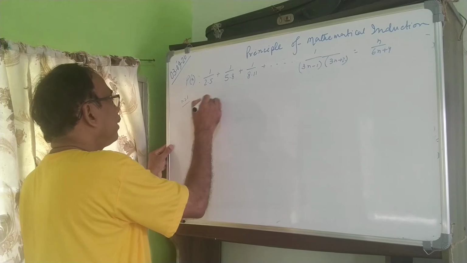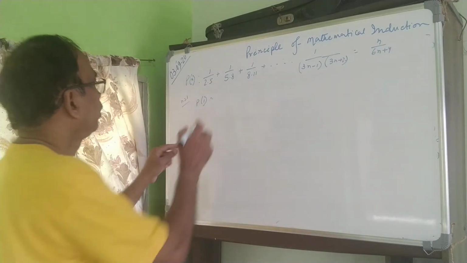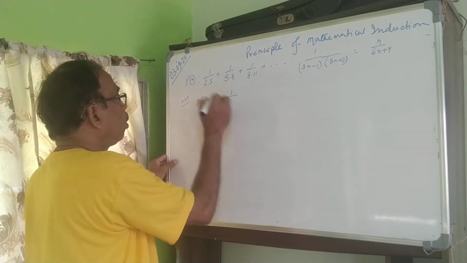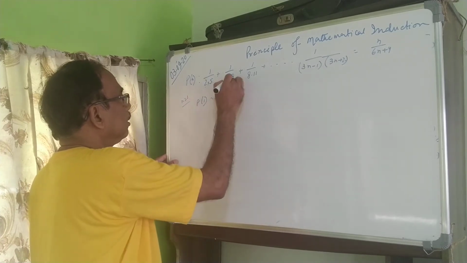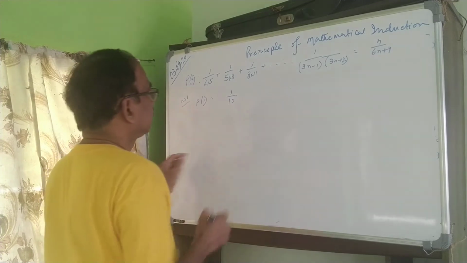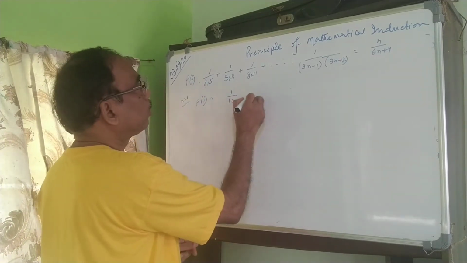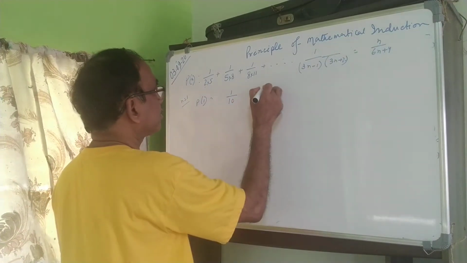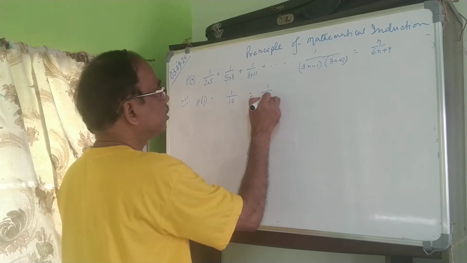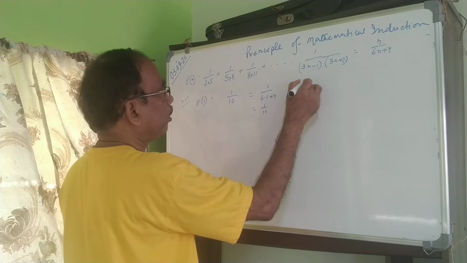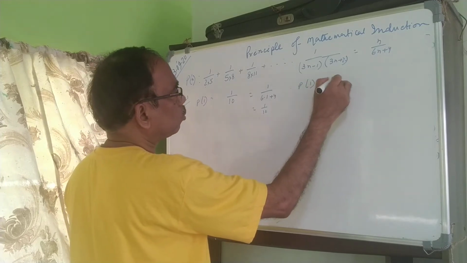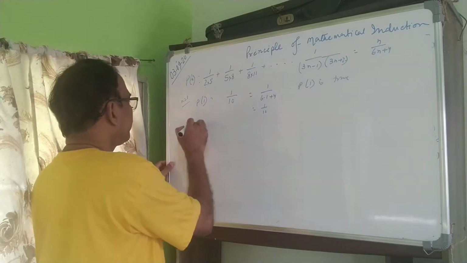Then P(1), 1 means first term, that is 1 by 2 into 5, that is 1 by 10. Put n equals 1 in the right hand side: 1 by 6 into 1 plus 4, that is 1 by 10. Therefore, P(1) is true.